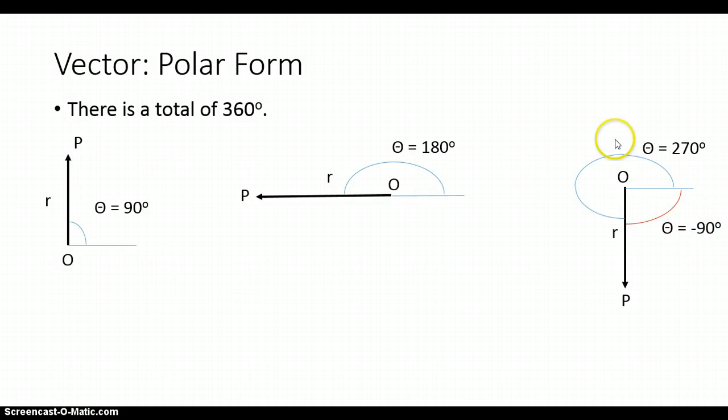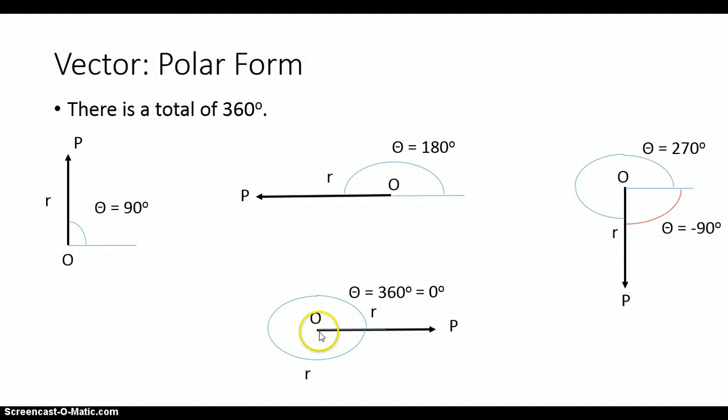Okay, and we have one more that I'd like to take a look at, and that's back now to the original starting point, if it's pointing directly off to the right. We can also say that it's 360 degrees if that vector went all the way around. Okay, so 360 degrees for theta is at the same location, and therefore 360 degrees and 0 degrees end up being the same thing when it comes to the vector.